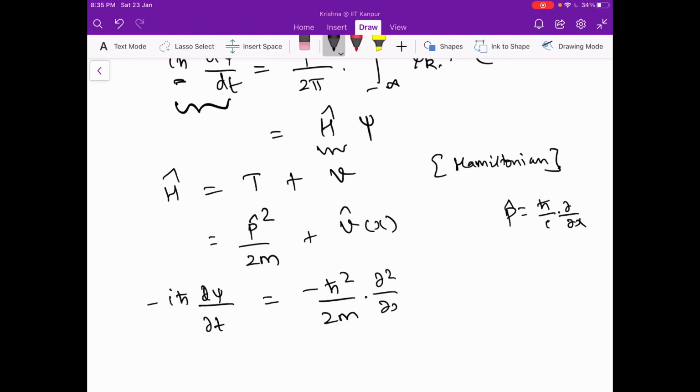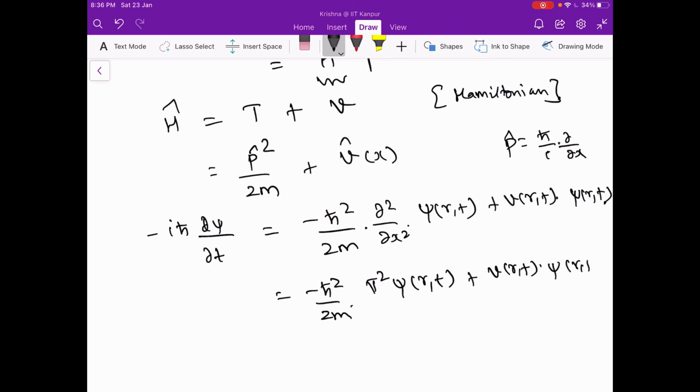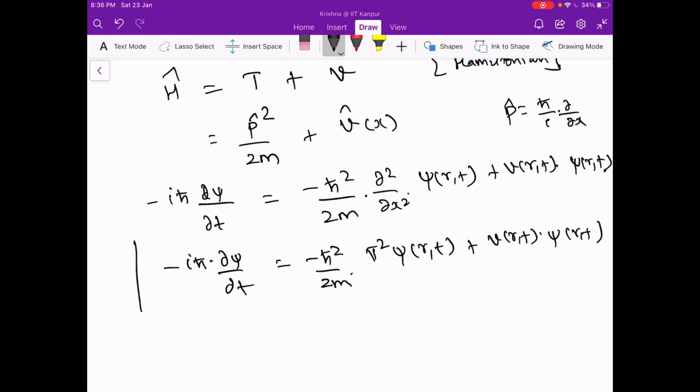So dou square by dou x square of psi of r comma t, plus V of r comma t times psi. And in 3 dimensions, obviously this del square turns out to be a Laplacian, and this is the famous Schrodinger equation.